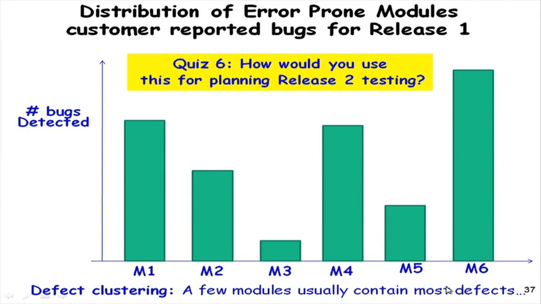What is the reason? The reason is that possibly that module was very complex, and therefore, most of the defects are there in that module. The other modules which are rather straightforward, there are fewer problems, or maybe one module is written by a very experienced programmer who understood the problem very well, and there are very few problems, whereas another module written by a first time programmer did not understand, was not very conversant with the language and neither with the algorithm, and so on.